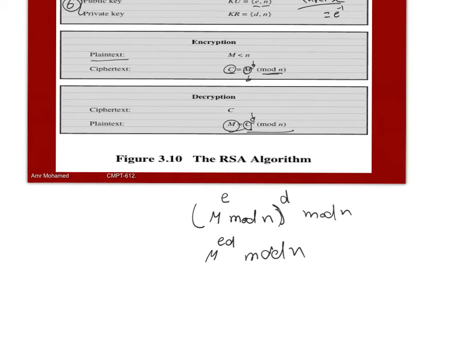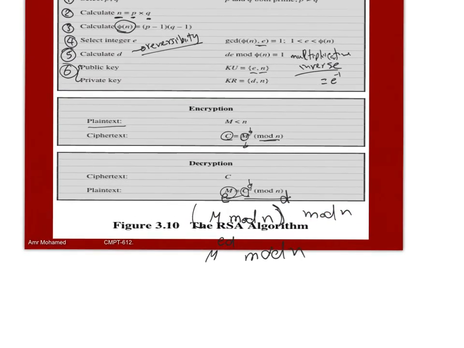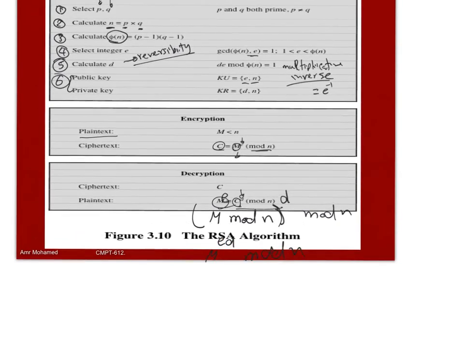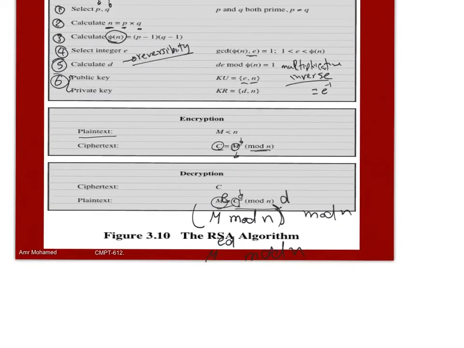What does it mean for the exponent to be ed? Let's see what ed is. Remember, e is the public exponent and d is the private exponent, and now they are multiplied by each other. But we need to see whether this will lead to m or not.